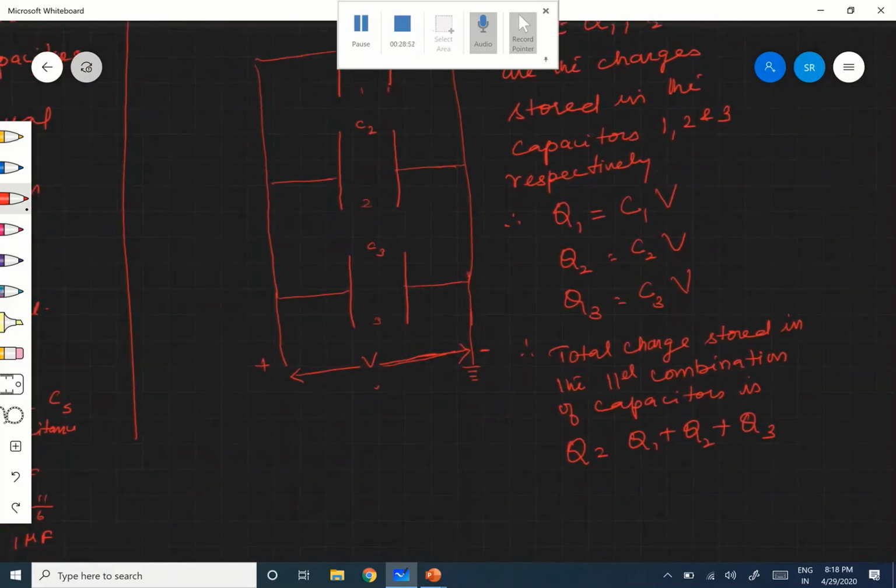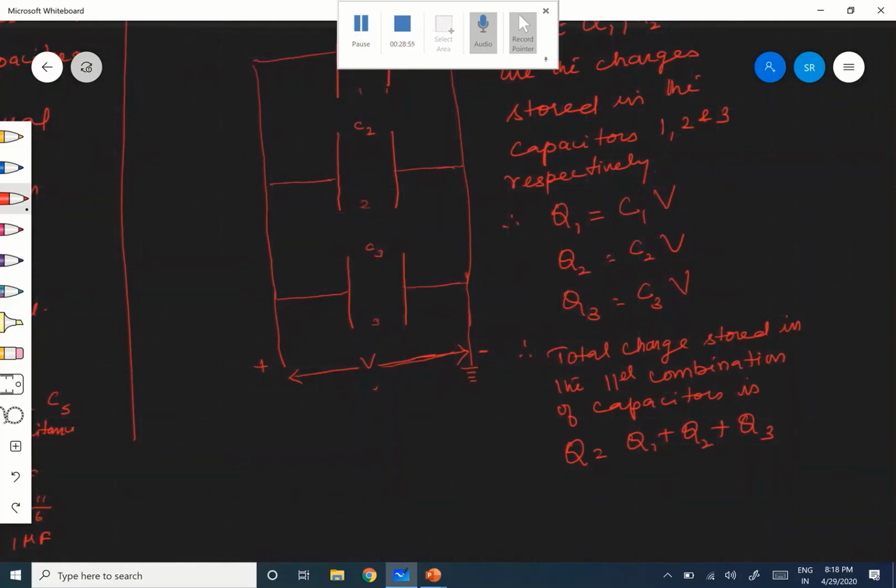Total charge is Q equal to CV, where C is the total capacitance, Cp, of the parallel combination. So Cp V is equal to C1V plus C2V plus C3V.